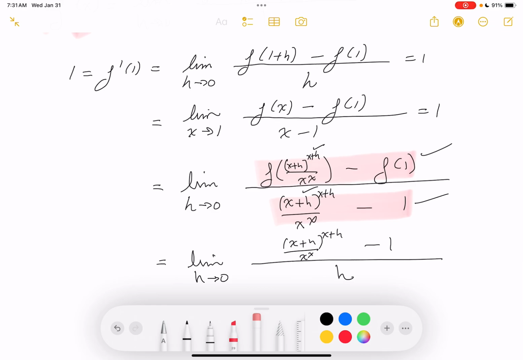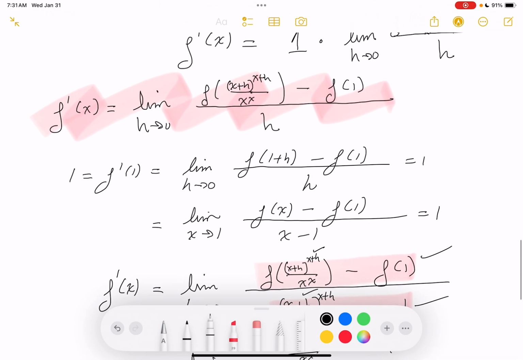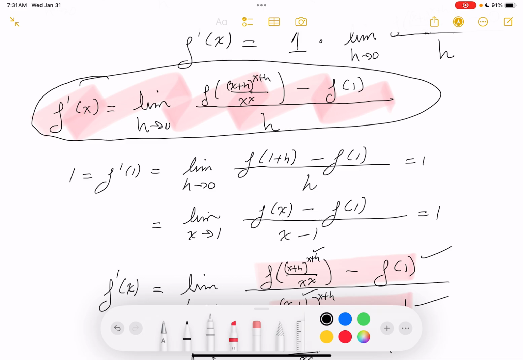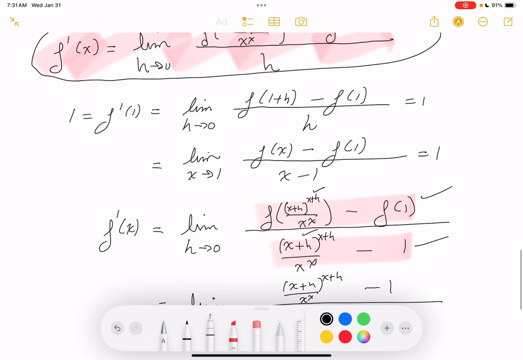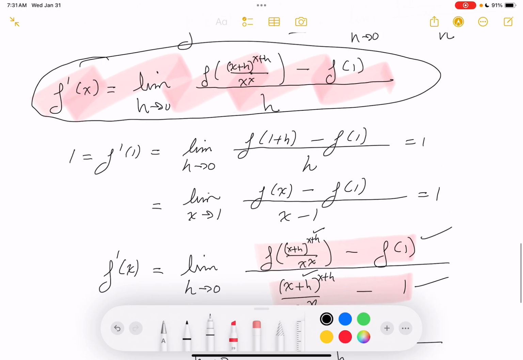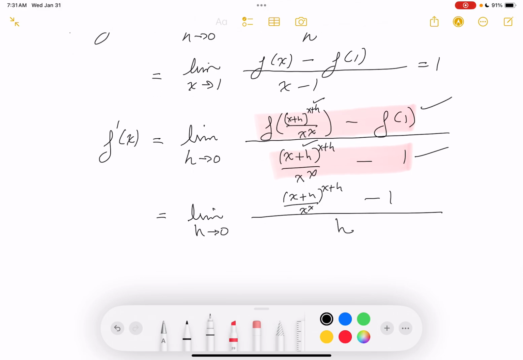I guess I could write this down as f of x instead now. Let me just think about that for a second. The derivative of that. Where's that coming from? Right over here. Let me see if I got that. Yeah, I do have that. All right. So I'm going to say it's f prime.